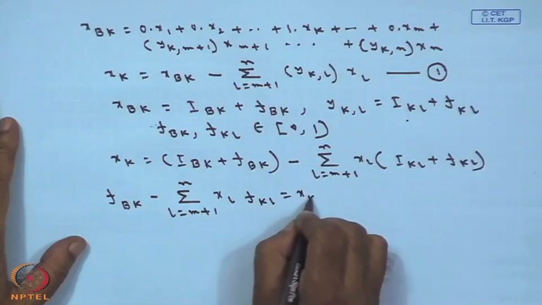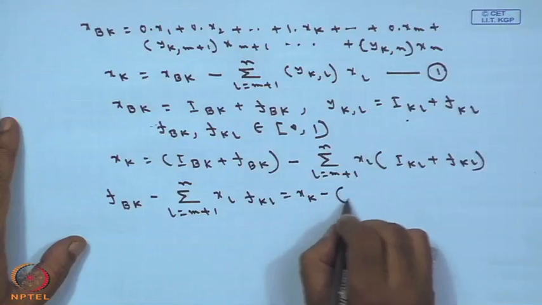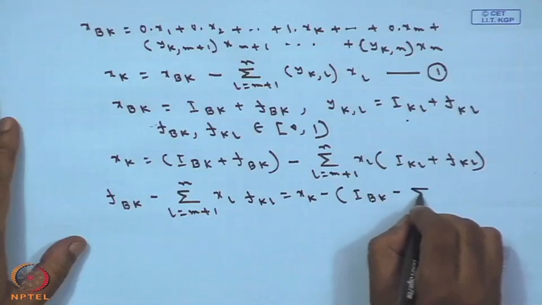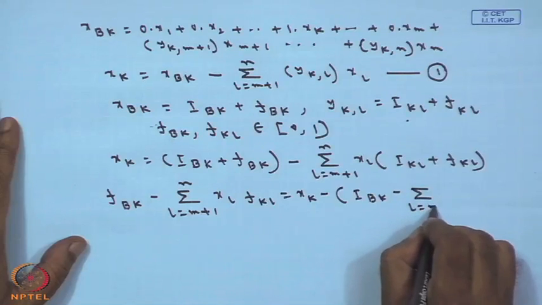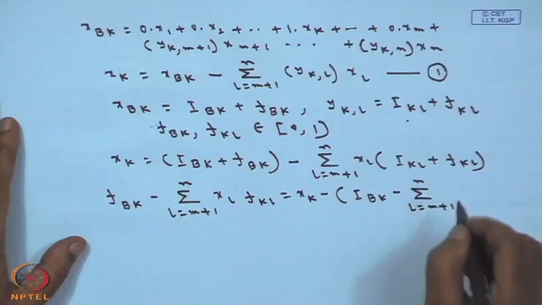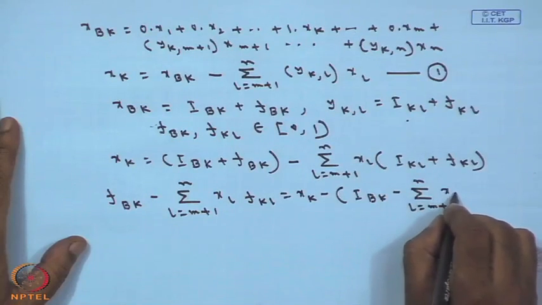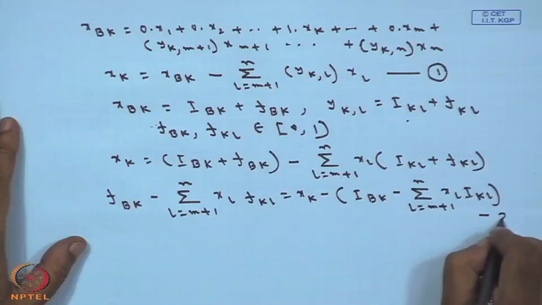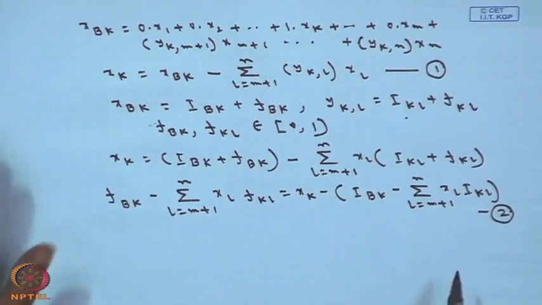This is equals x_k minus I_bk minus summation over L equals m plus 1 to n x_L into I_kL. Now, look at this right hand side.